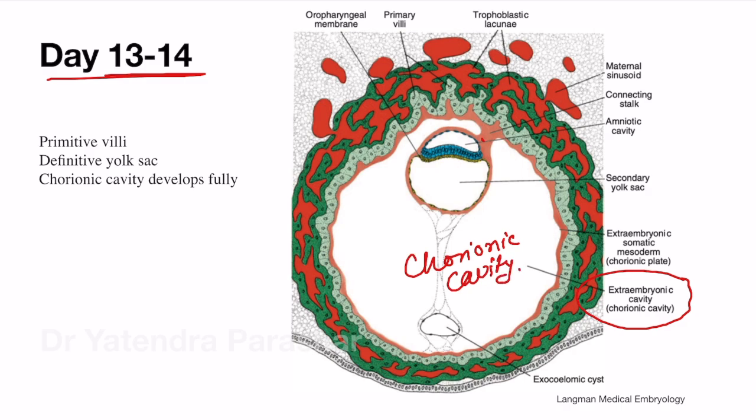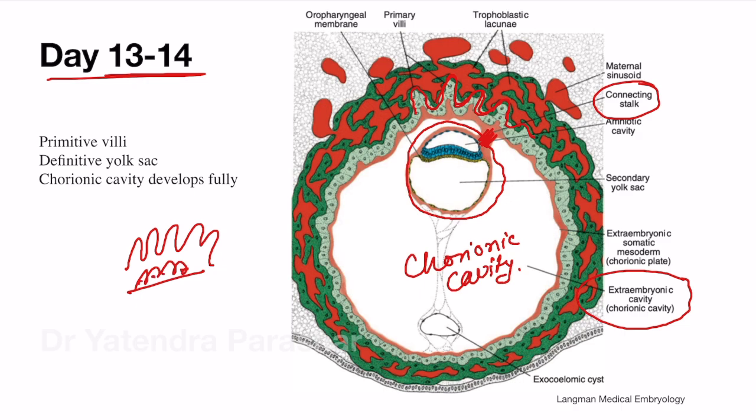And here is the embryo proper, which is attached to the trophoblast with the help of a connecting stalk, which is formed of the mesoderm. There is an increase in the size of the villi, which are trying to penetrate the syncytial trophoblast and reach the maternal blood vessels to help in the nourishment of the developing embryo.